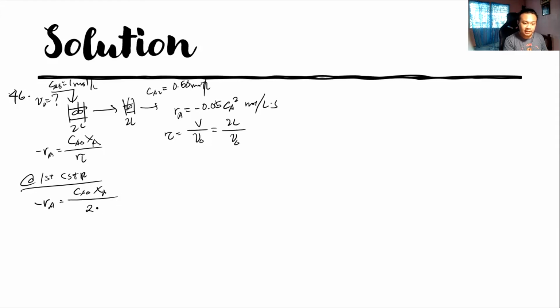Substitute na nako na siya. And then we have VO. And then let's simplify. Simplify nato. So 0.5 CaO. So let's substitute na. So 0.05 Ca squared times kCa, and 2 sa ubos.